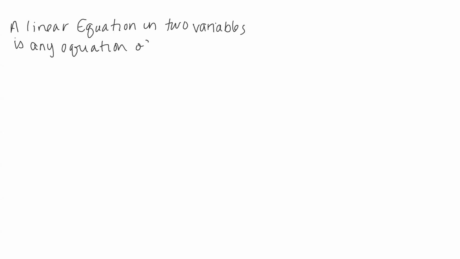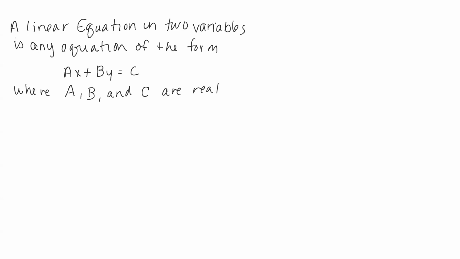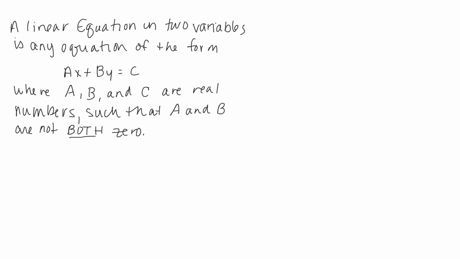So a linear equation in two variables is any equation of the form ax plus by equals c, where a, b, and c are real numbers such that a and b are not both 0.